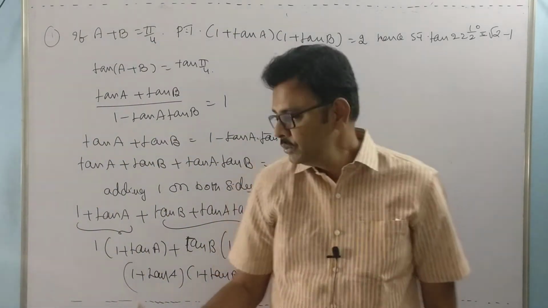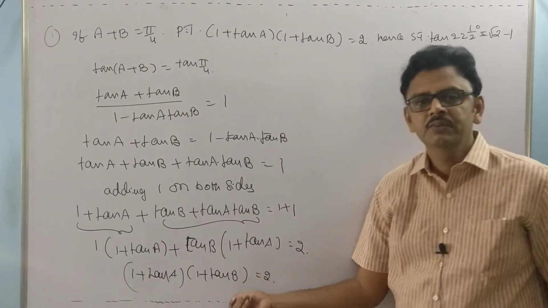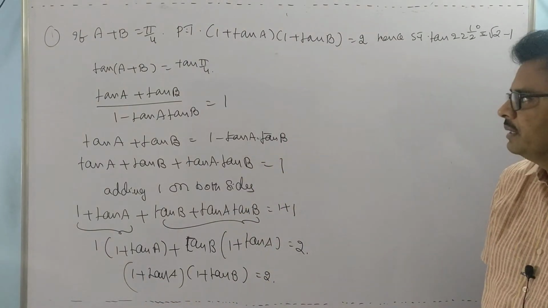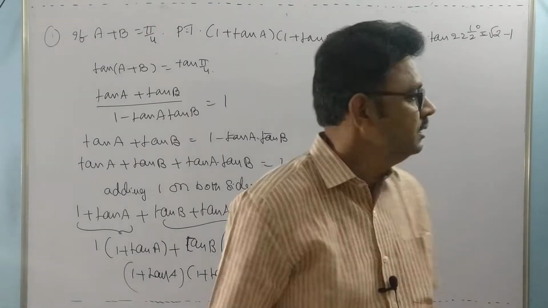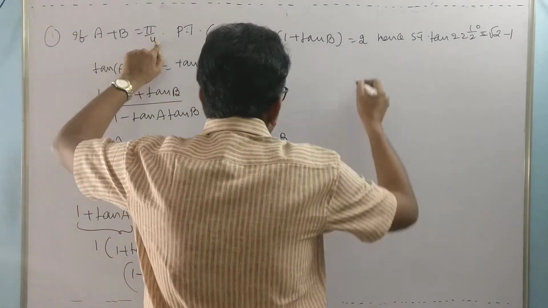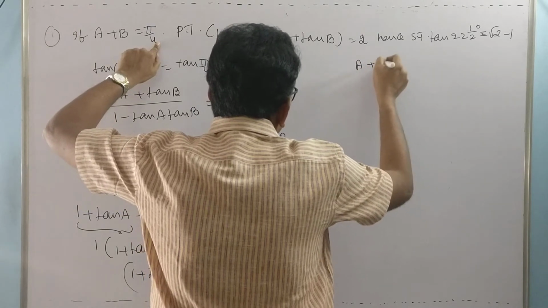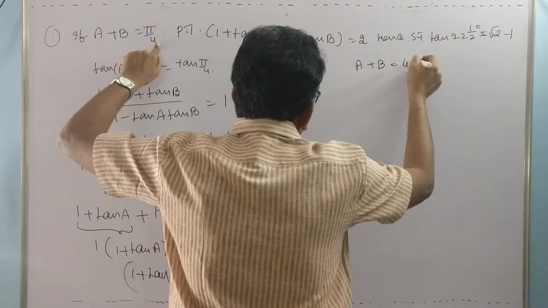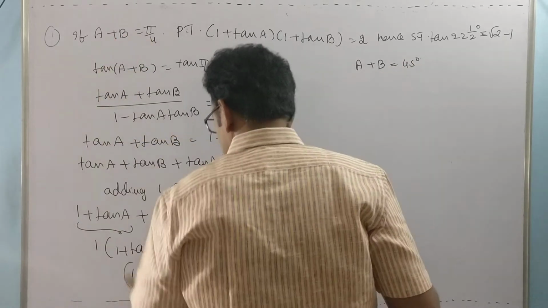Okay now, and by using this result, find the value of tan of 22.5 degrees. Now here, this is the result for a plus b equal to what? 45 degrees. So a plus b is equal to pi by 4 means 45 degrees. Then we have the result.